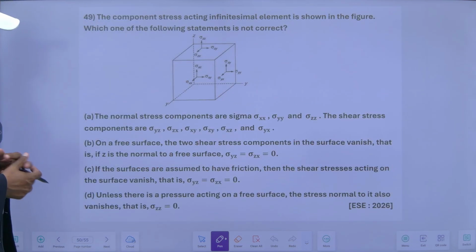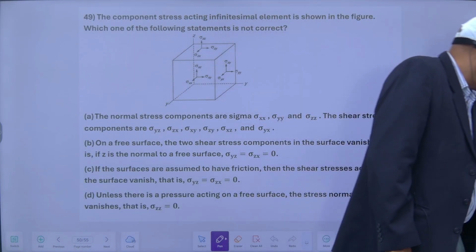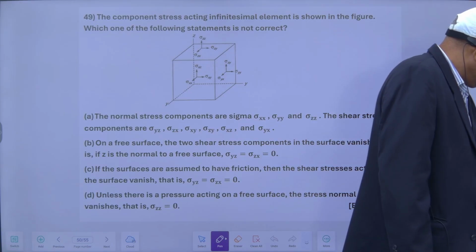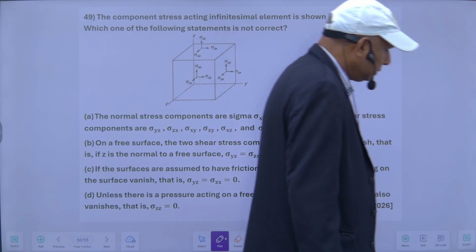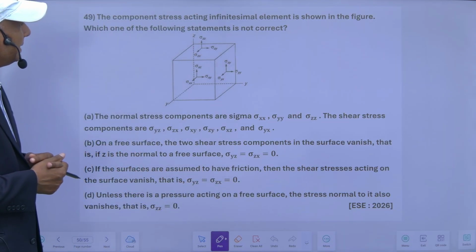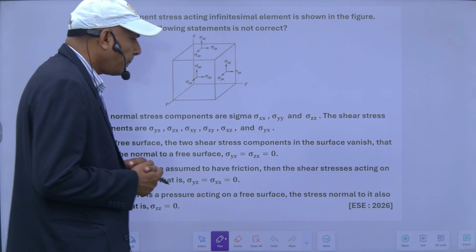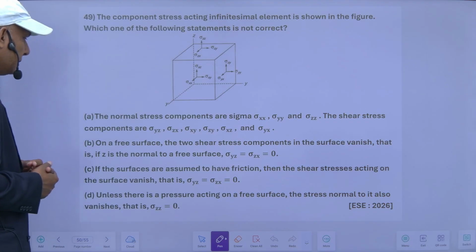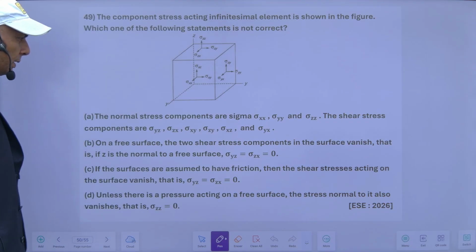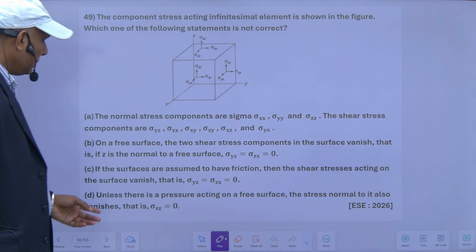So in this case, component stress is acting on the element shown in the figure. If the surface is assumed to have friction, then the shear stress acting on the surface vanishes.